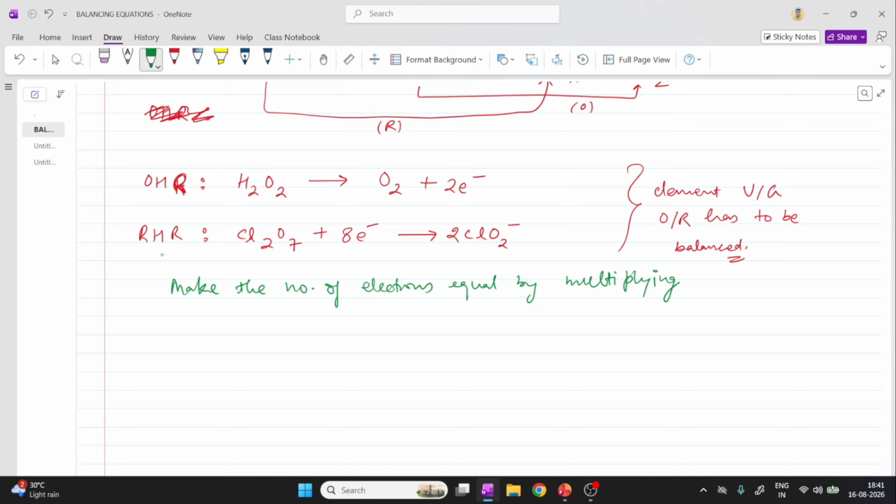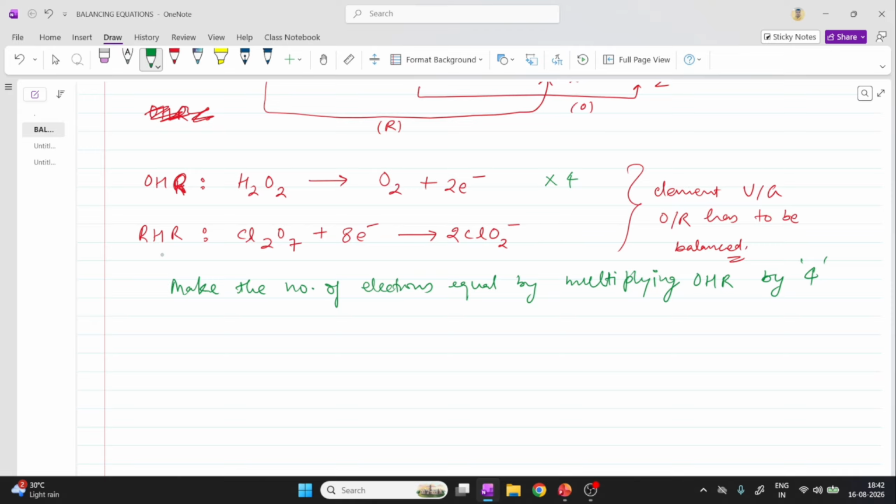How can we make the number of electrons equal? This is 8, this is 2, so I can multiply the oxidation half reaction by 4. So I'm writing the final equation after multiplying it by 4 and then adding these two reactions.